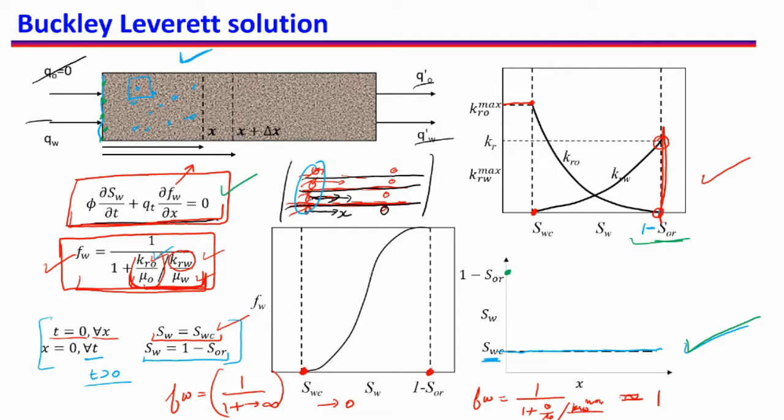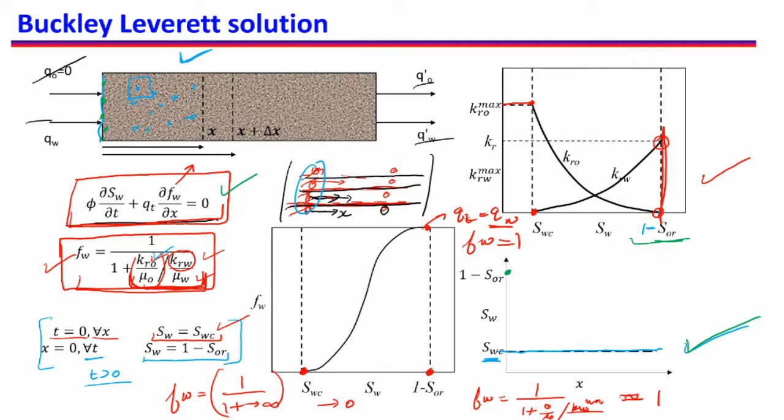That is why we have Fw equal to 1 at 1 minus SOR. Physically also we can see that when oil is not moving, the only thing that will be moving is water. So at this point QT is equal to QW, which means only water is moving, so Fw is equal to 1. So this is some explanation of some of the quantities that we are using.